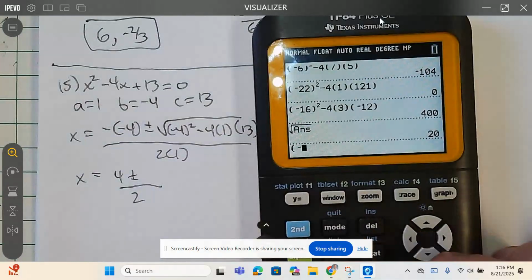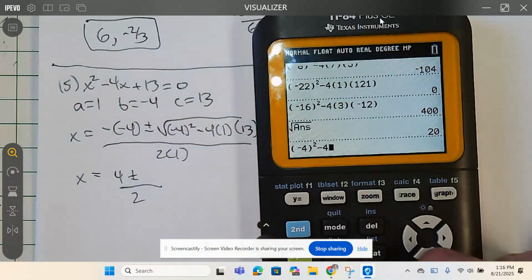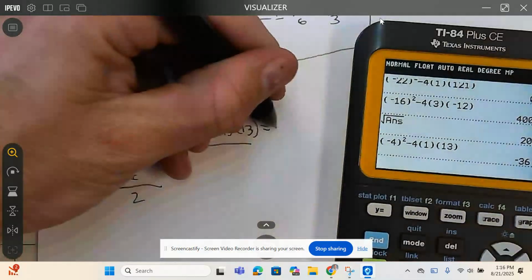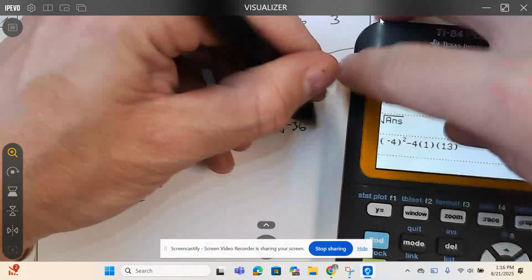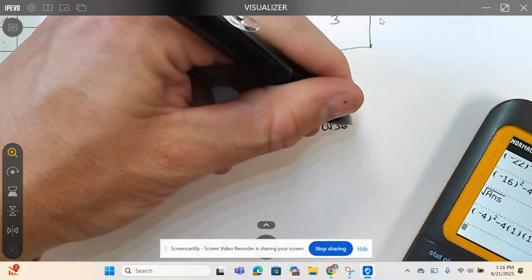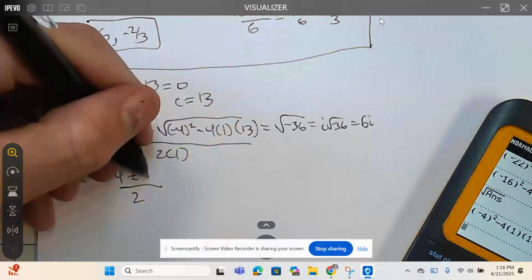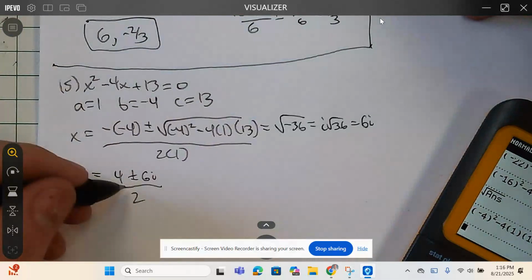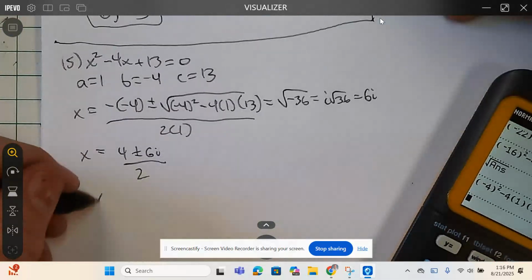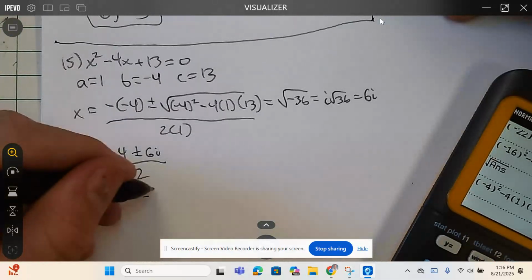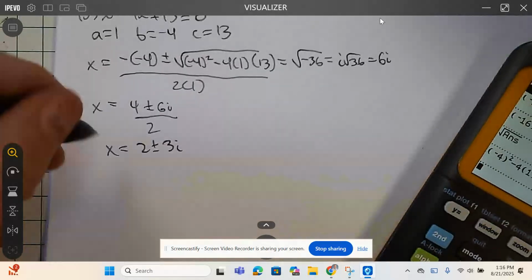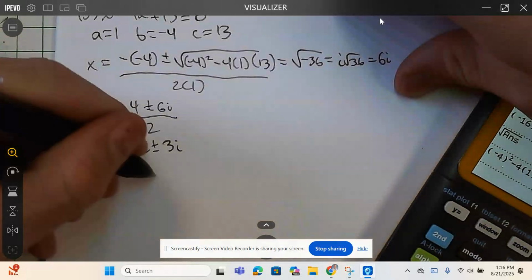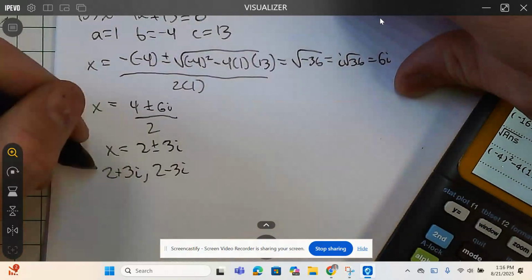So negative 4 squared minus 4 times 1 times 13 is negative 36. You could take out an i, so it'd be i times the square root of 36, which would be 6i. Then I'm going to divide each by 2. 4 divided by 2 is 2, 6 divided by 2 is 3, so it's 2 plus or minus 3i. 2 plus 3i, 2 minus 3i.